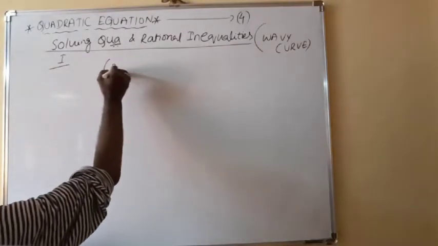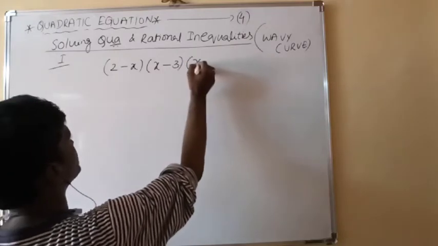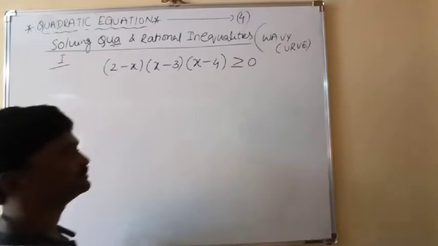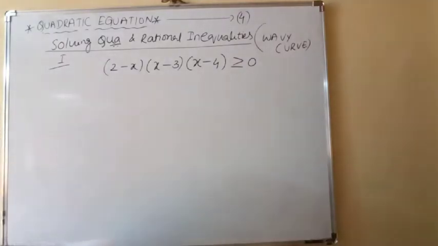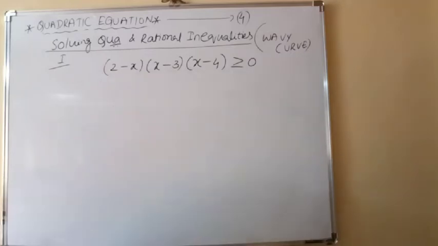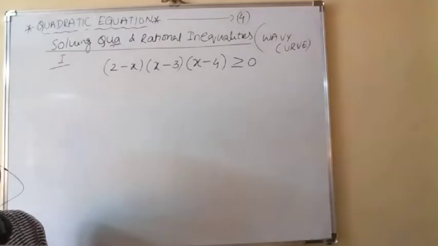Suppose the problem is like this: 2 minus x into x minus 3 into x minus 4 is greater than or equal to 0. It is already a product of linear factors. But here, in all factors, is the coefficient of x positive?